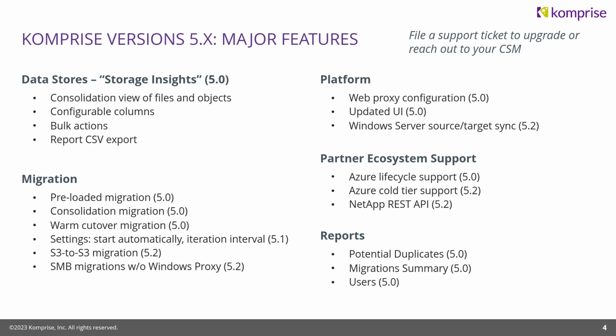We support Azure Lifecycle Cold Tier, added the new NetApp REST API, and then, of course, reports, which is the main topic of this presentation. We added a few more reports in 5.0, and as you'll see in 5.3, we're enhancing the reports feature as a whole.